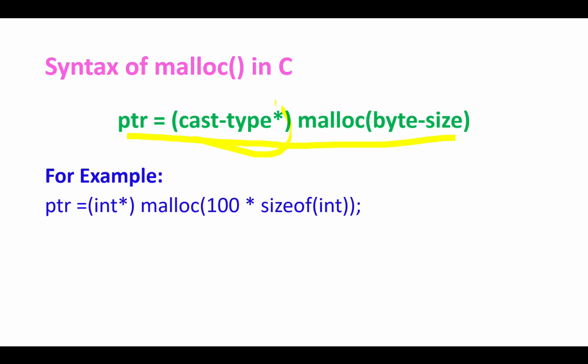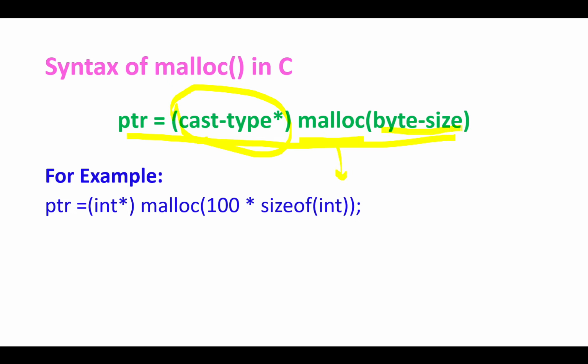Cast type is nothing but, not int necessarily, whatever data type you are using in your program; based on that, this is the cast type. You should know the concept of pointers as well. When I use the malloc function, we will be creating a memory block.